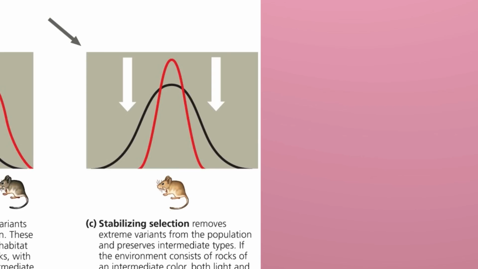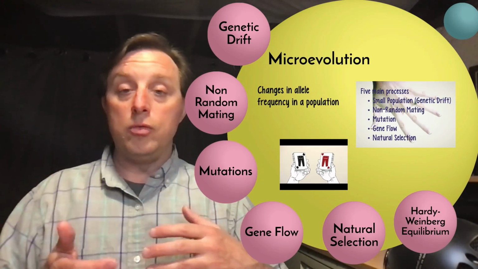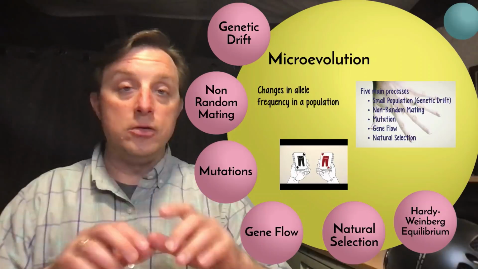So the average, the most common trait, is then selected for and becomes much more common, and we see the bell curve tightening up there. This natural selection is the only one that actually leads to evolution in response to the environment.